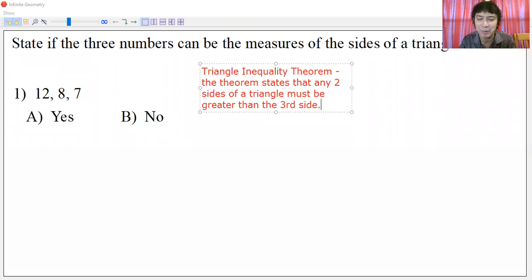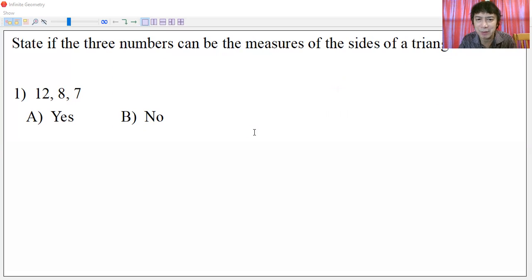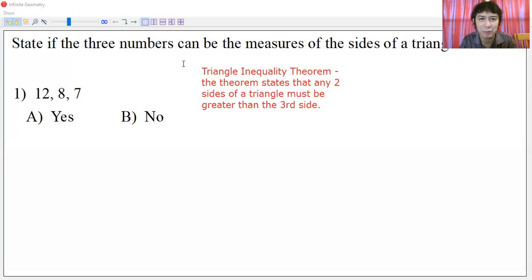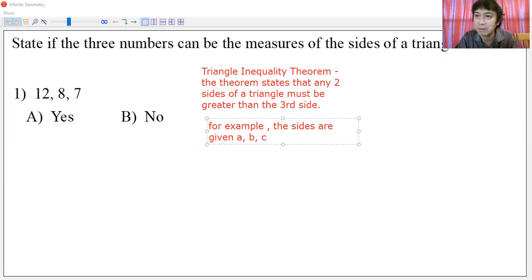So this is something like this. If we have the figure, say ABC, for example, the sides are given A, B, C, then the following must be true.